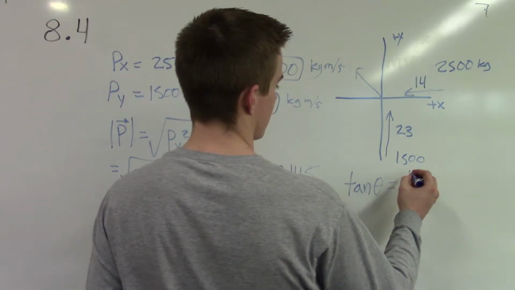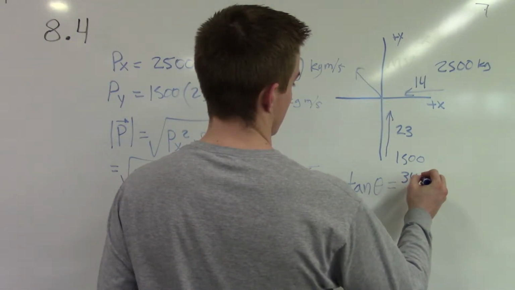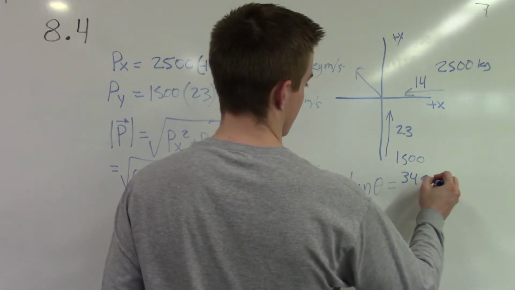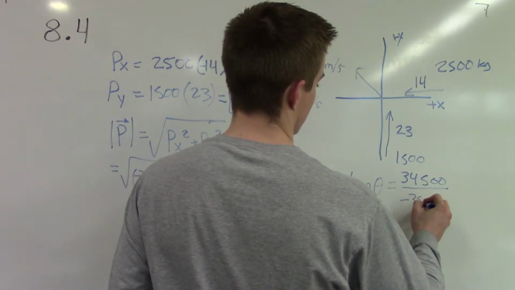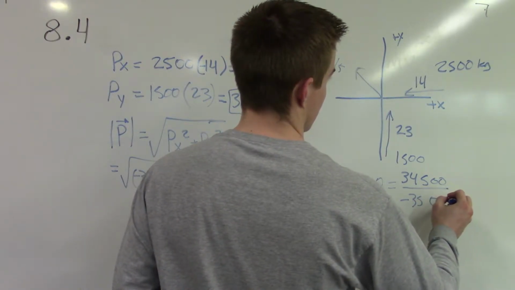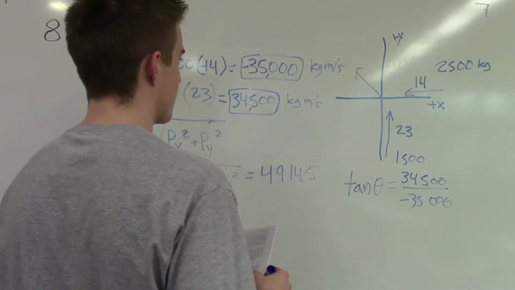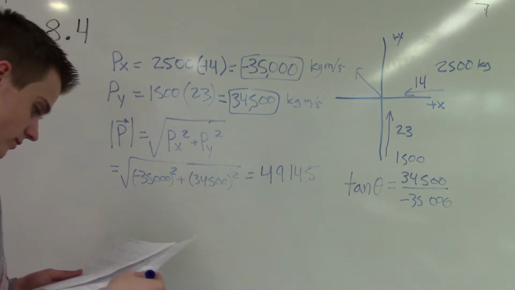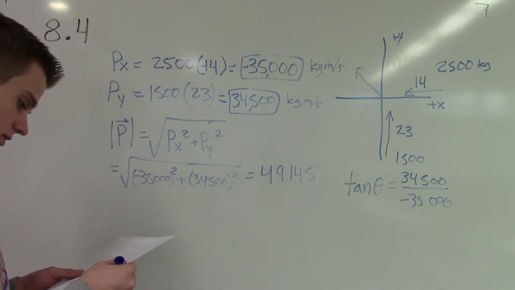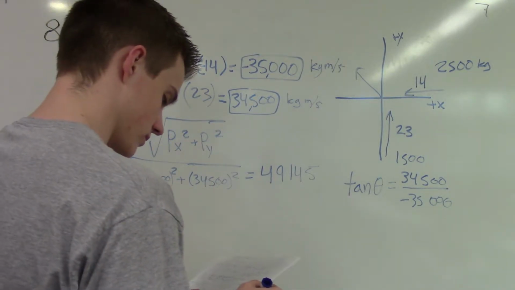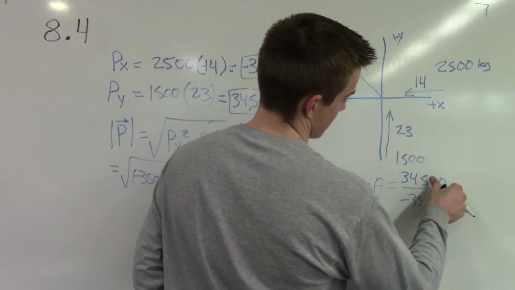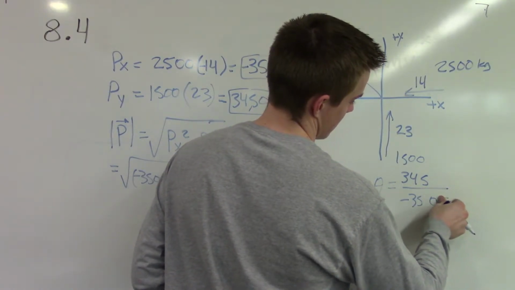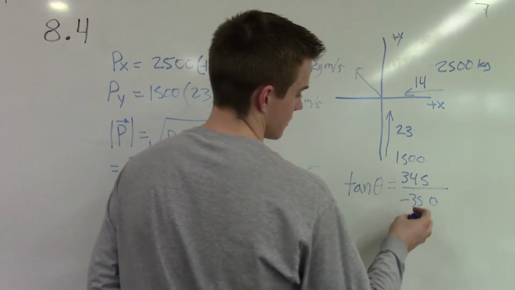So your y component is 34,500 over negative 35,000. And we can get rid of these zeros because it's a fraction, we'll just reduce them.